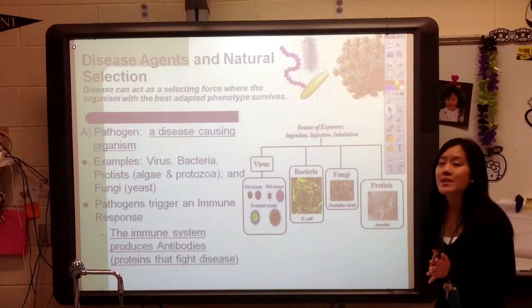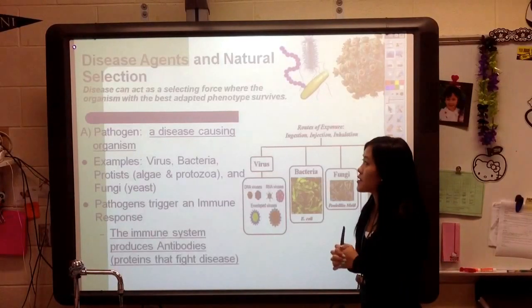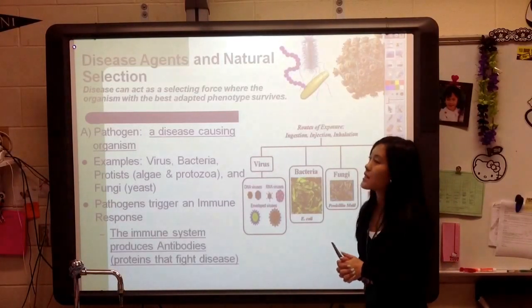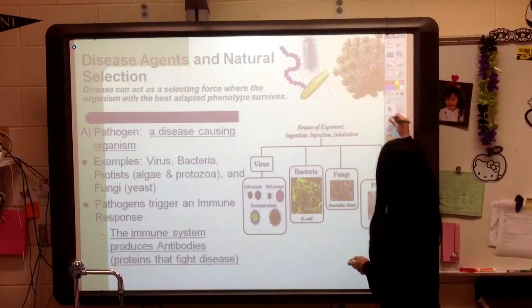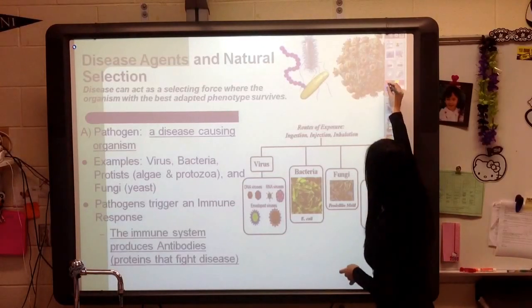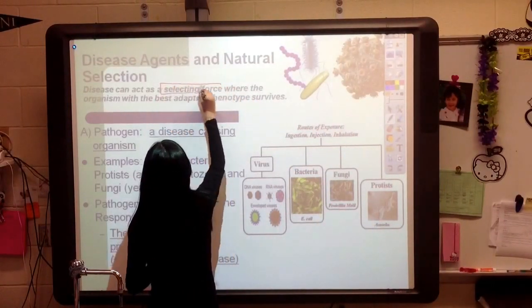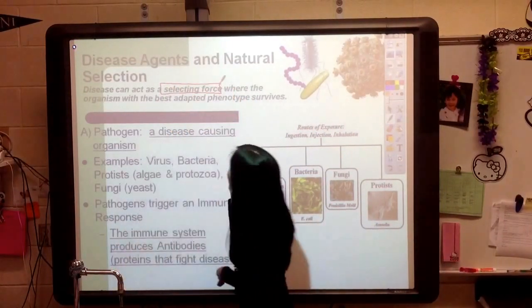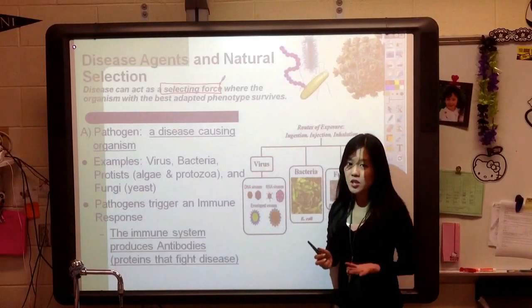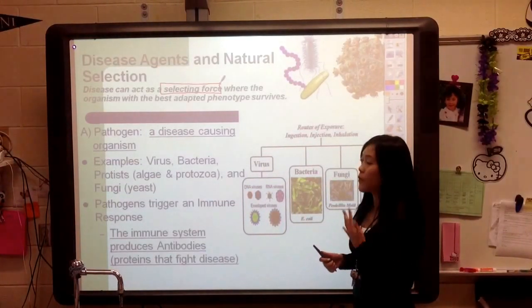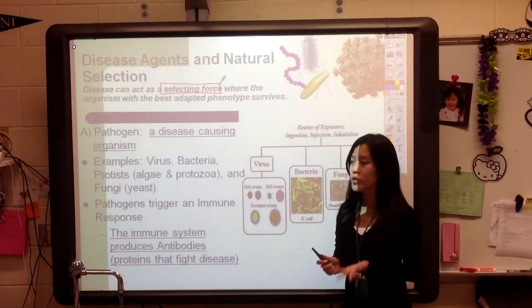So when we're thinking about disease agents, we're thinking of things that can cause illnesses. And disease can actually act as what we know as a selecting force. A selecting force is a situation that's going to allow one organism to survive better at a particular time.